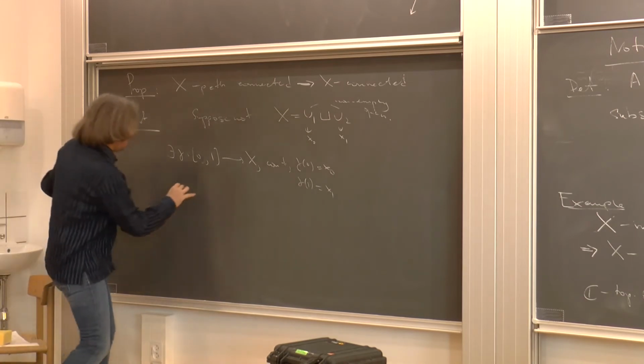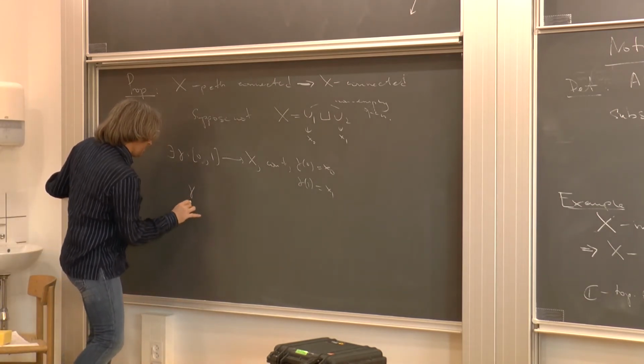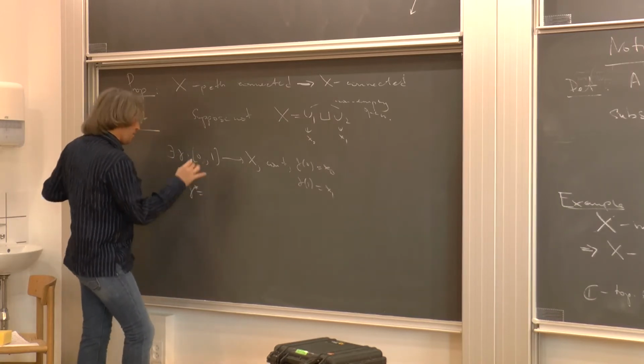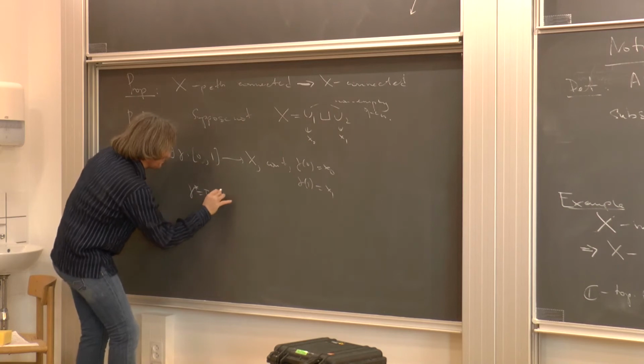So take gamma star. This is our notation for the image of gamma.